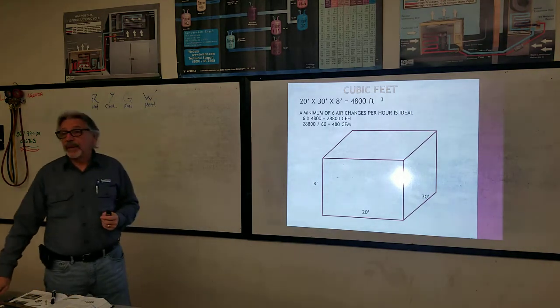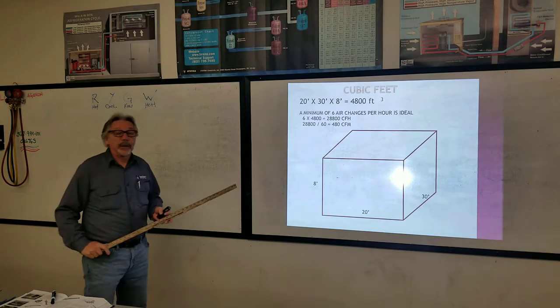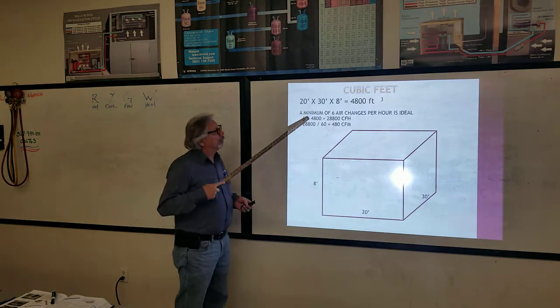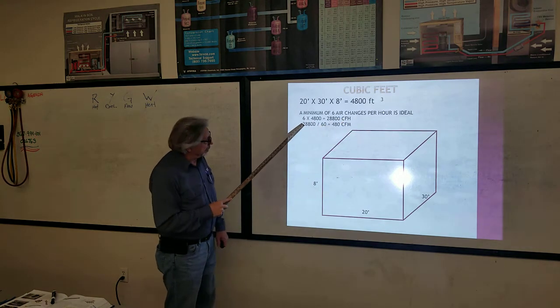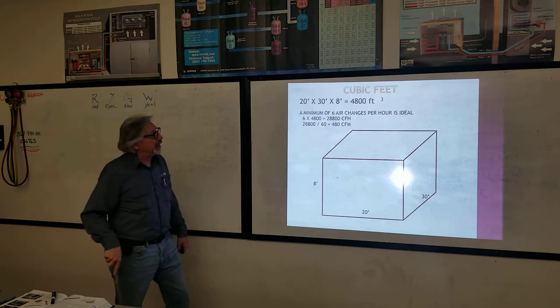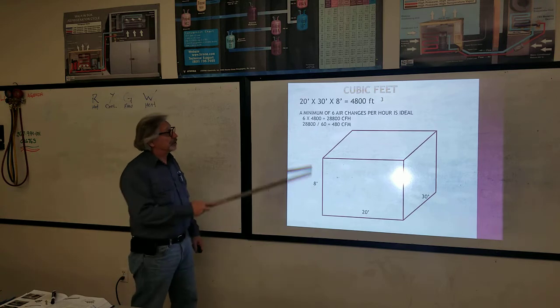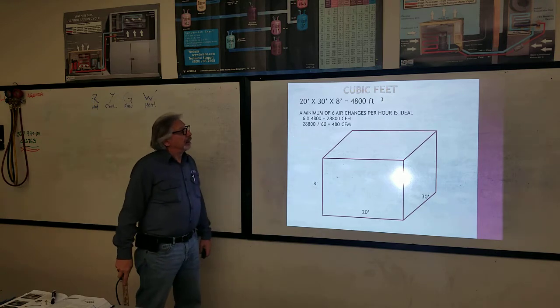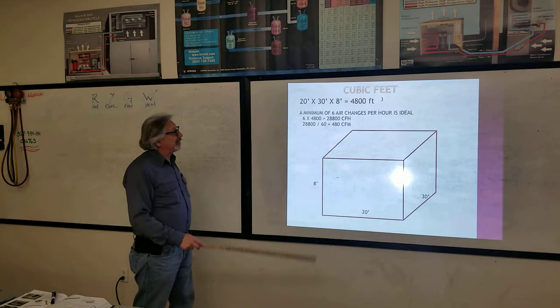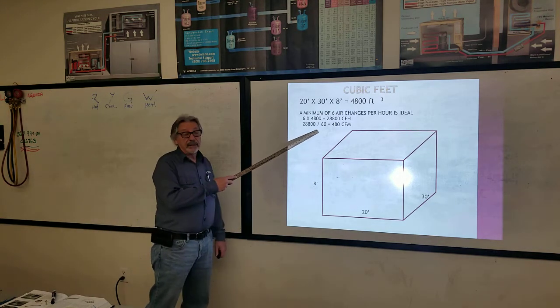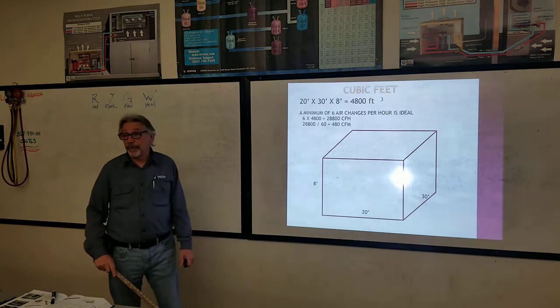Because we need a minimum of 6 air changes per hour. So 6 times 4,800 equals 28,800 cubic feet per hour. Divide that by 60, gives us 480 CFM.